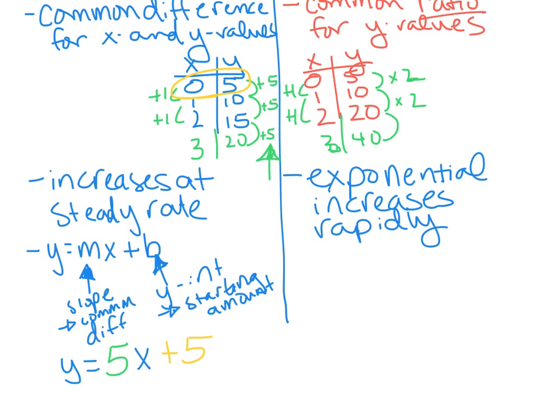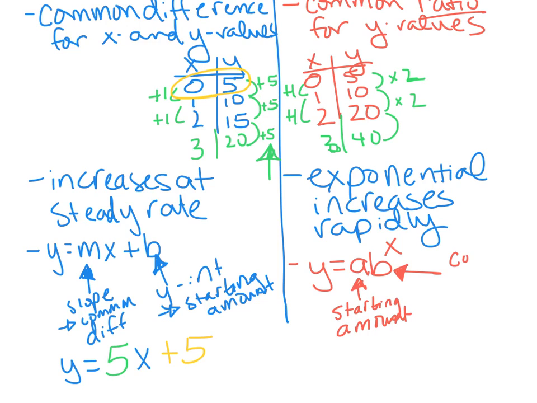Whereas for the exponential function, the equation is y equals a b to the x. When you don't have anything added or subtracted on the end, a is your starting amount, and the b is your common ratio, or your rate.